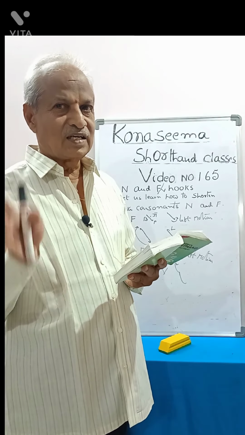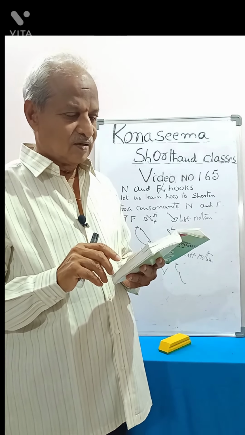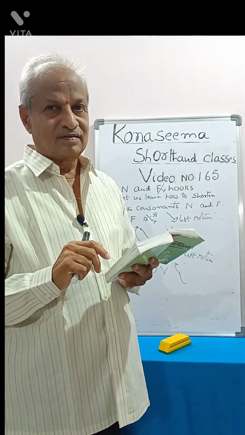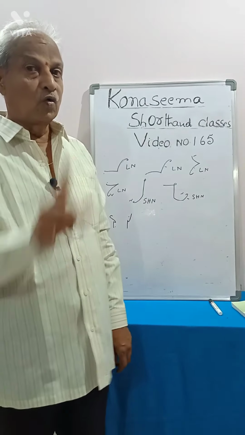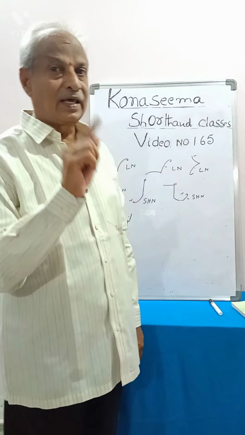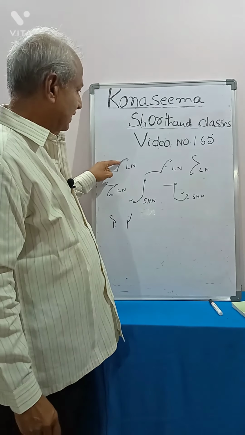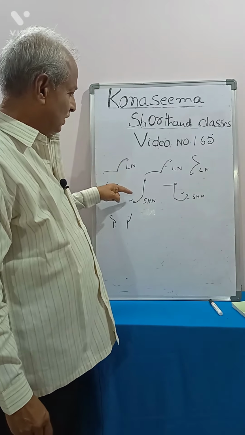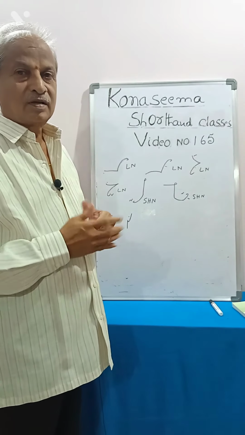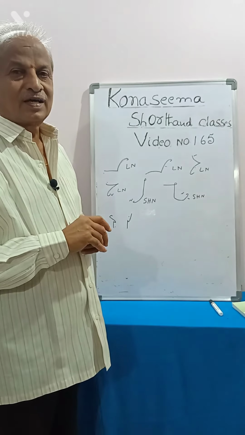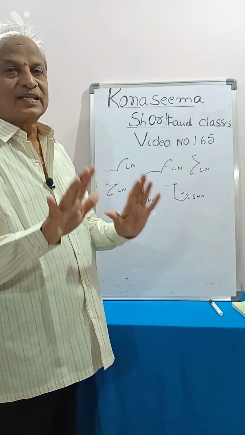Funny, we have to write stroke consonant. Men and many. The hooked forms LN, LN and ISH-N may be written either upward or downward as per convenience.